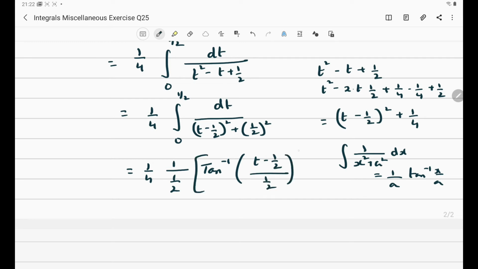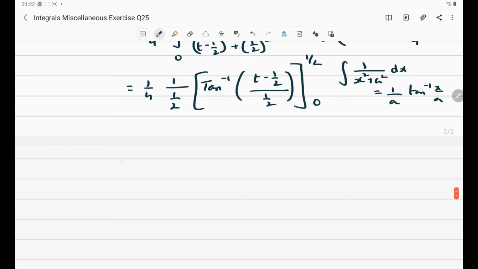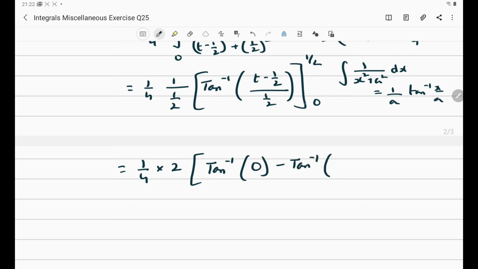Let us substitute the limits half and 0. So, we get this as 1 by 4 into 2 times tan inverse, substituting half, we get half minus half is 0, minus tan inverse, on substituting 0 we get tan inverse 0 minus half by half.